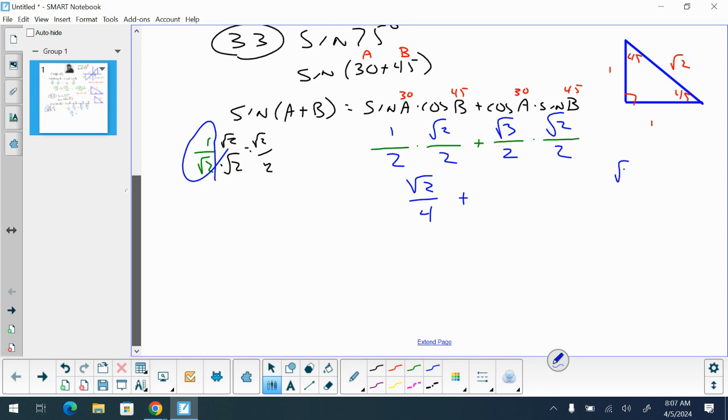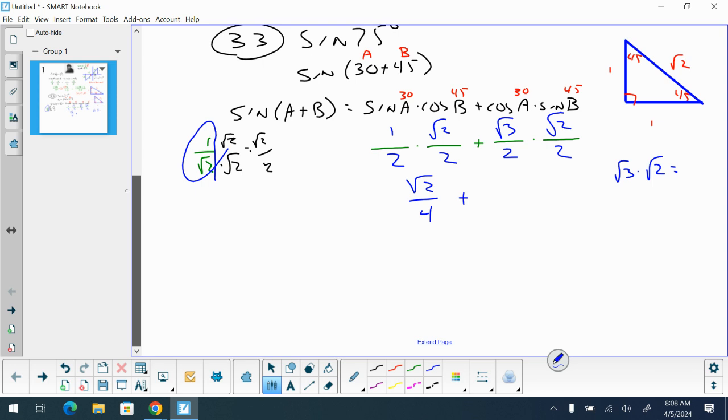The square root of 3 times the square root of 2 equals what? Well, you should know. Owen, was it equal? We don't know what the square root of 3 times square root of 2 equals.